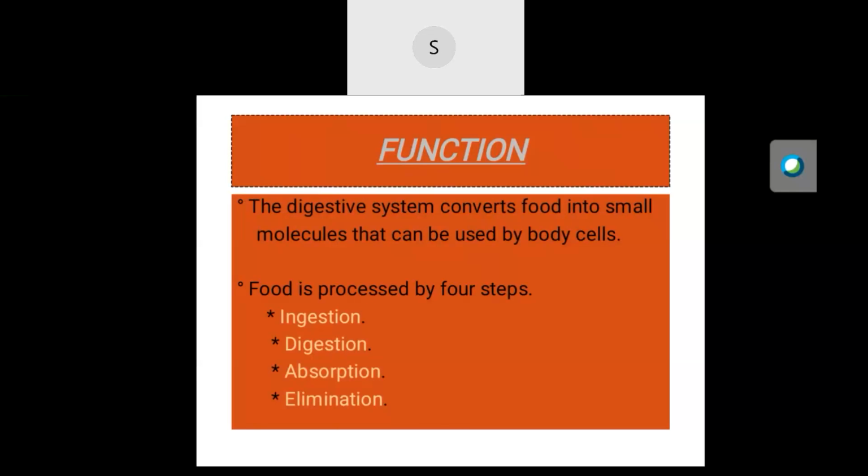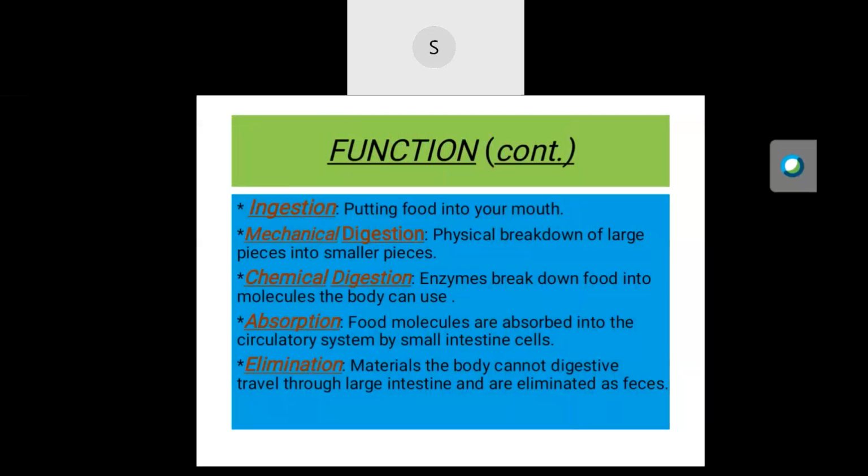The primary function of the digestive system is the conversion of food into small molecules that can be used by body cells. The food is processed in four steps: ingestion, digestion, absorption, and elimination. Ingestion is simply putting food in our mouth. Digestion can be categorized into mechanical digestion and chemical digestion.